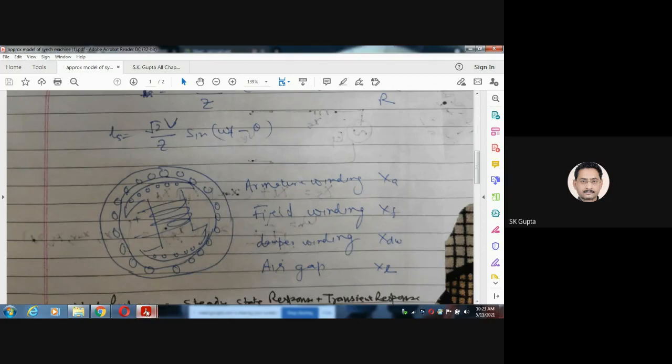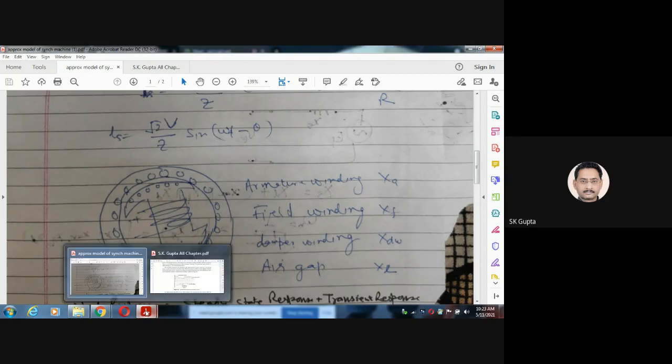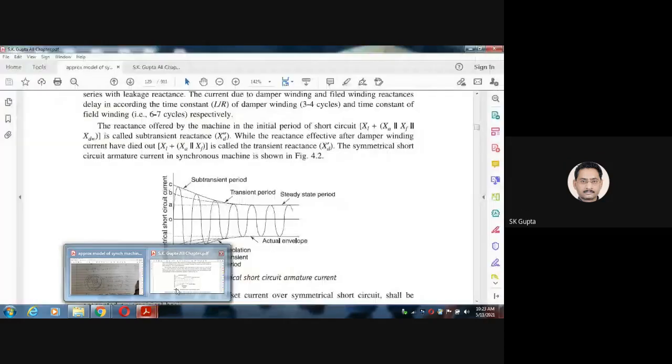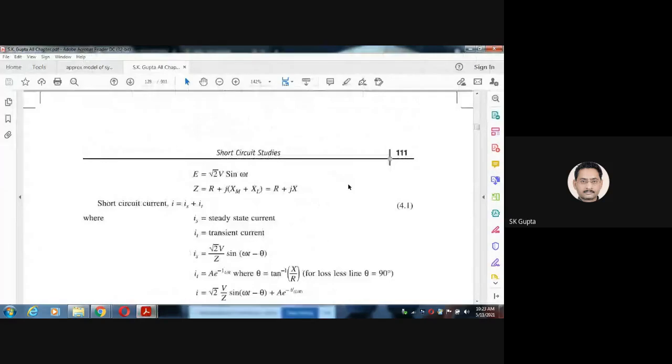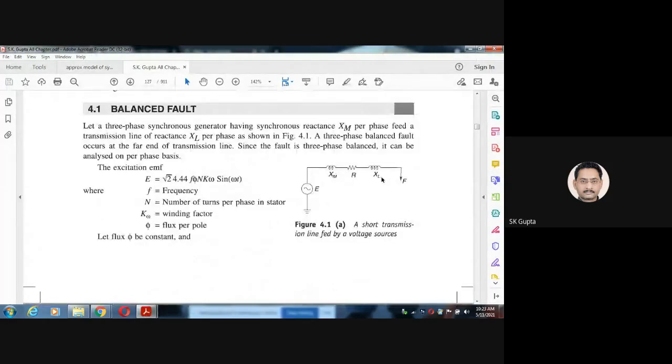And in fact, when we say synchronous reactance is XL plus XA, it is not just that.